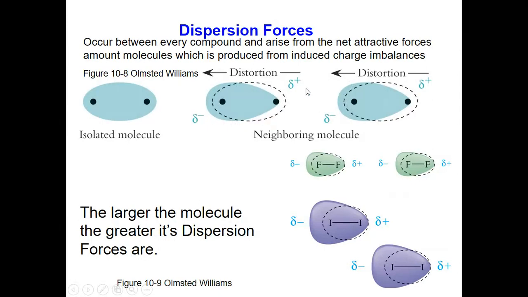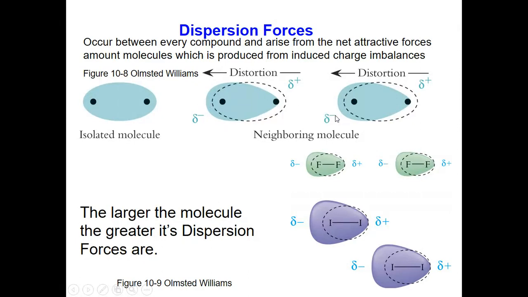We see that as these two atoms, or in this case molecules, approach each other, the electron cloud that's closest to the other molecule is attracted to the nucleus in the other molecule. So it's pulled towards that nucleus. And then the electron cloud on the other side of that molecule is being repelled by that approaching electron cloud and it's being pushed away.